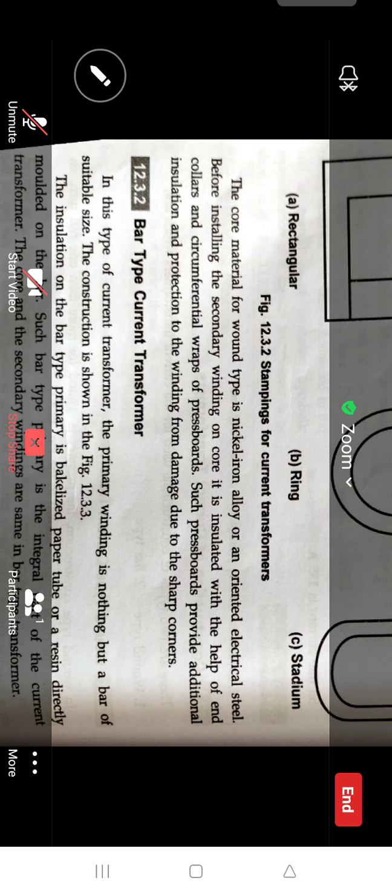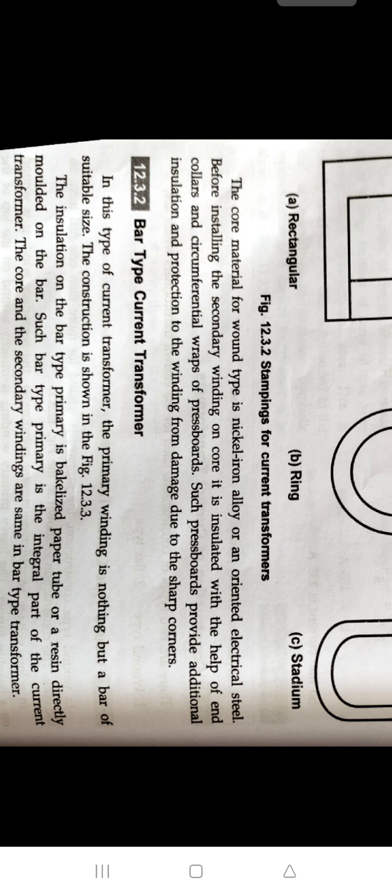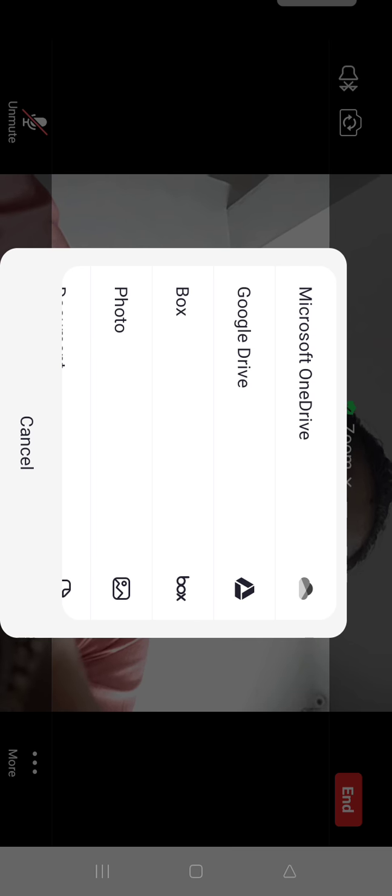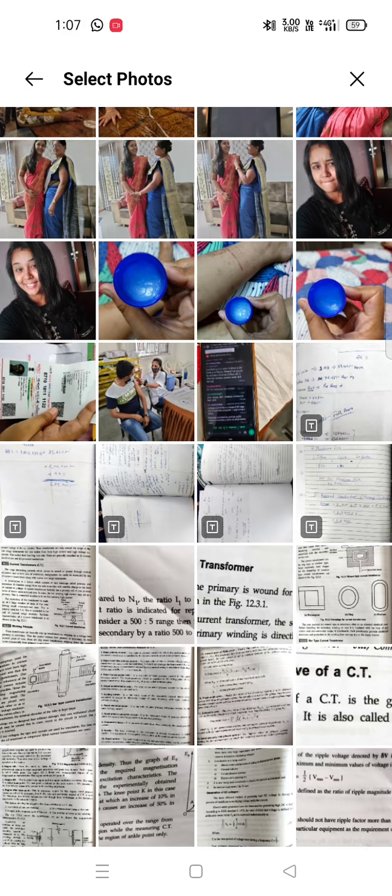The core and the secondary winding are same in the bar type transformer, but in wound type transformer the core and secondary windings are not same, they are different. Okay, so this is the bar type transformer.